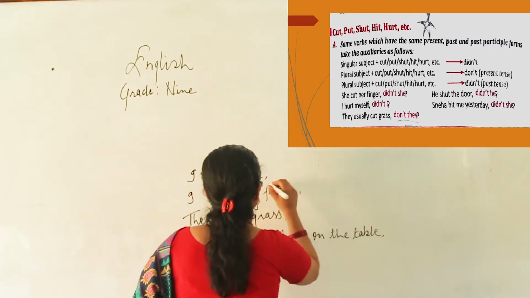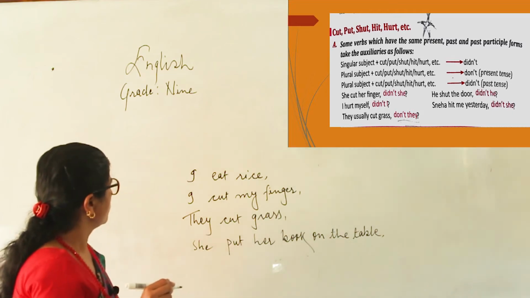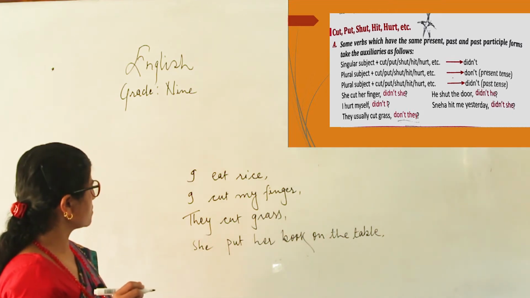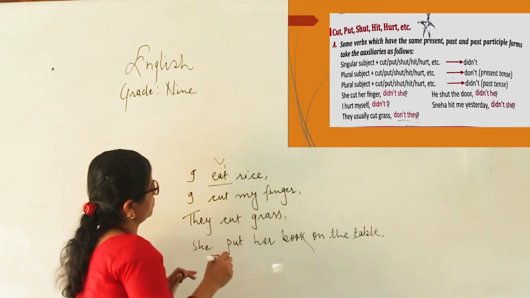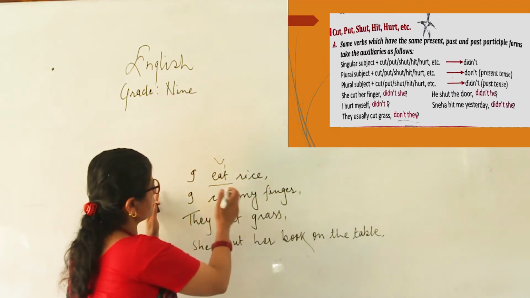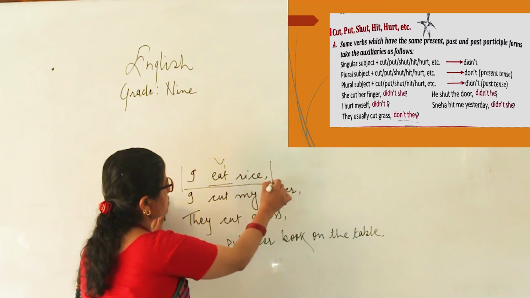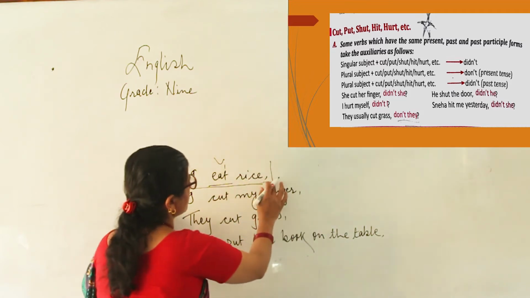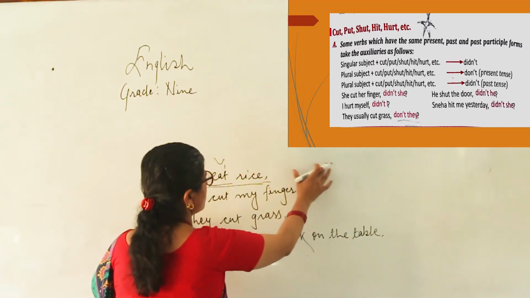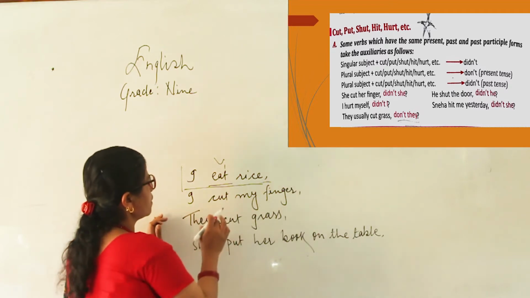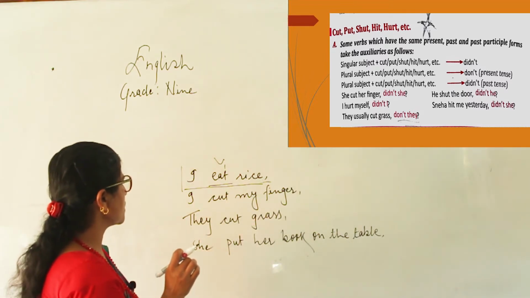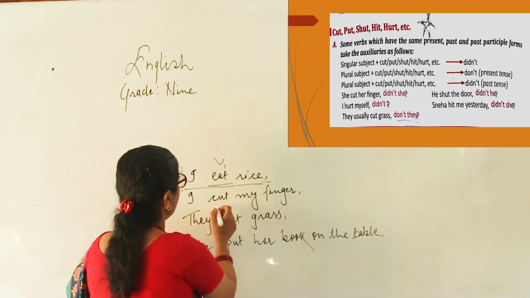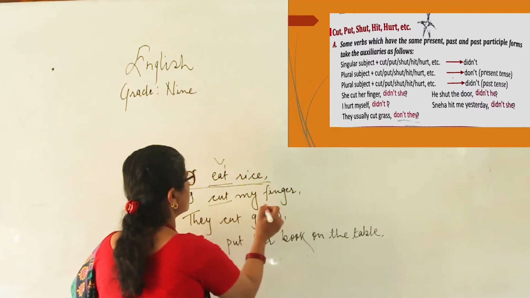Let's see how we can change them into question tags. I eat rice. Which tense does it belong to? This is V1. You should see the sentence first. It is the statement, which is the first part of the tag, and another part will be there. I cut my finger.